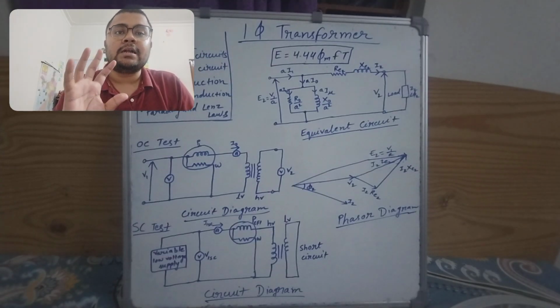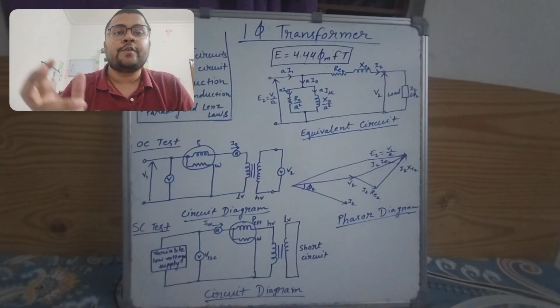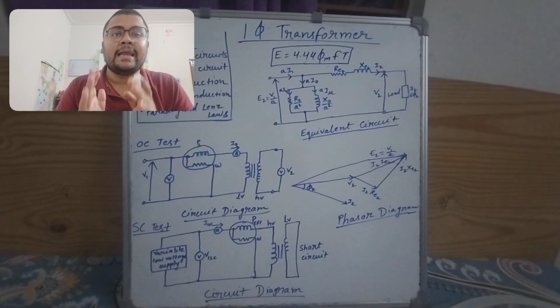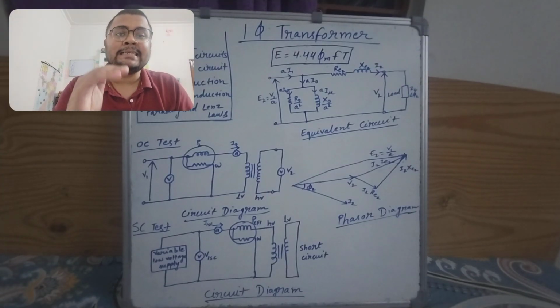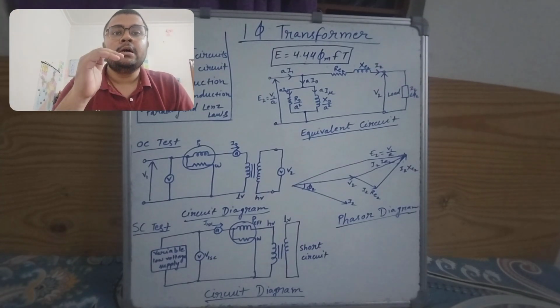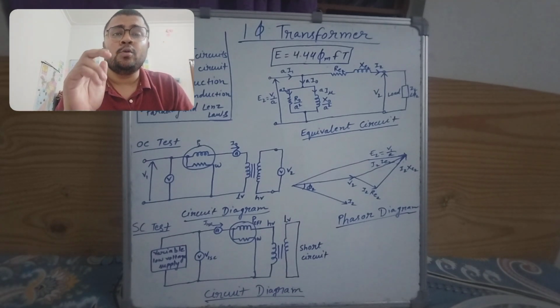And what do we get from the OC test and SC test? From the open circuit test, we get the iron loss, and from the iron loss we can also get IW and I mu. From the SC test, we get the copper loss, and from the copper loss we can get RE2 or XE2, and also ZE2.